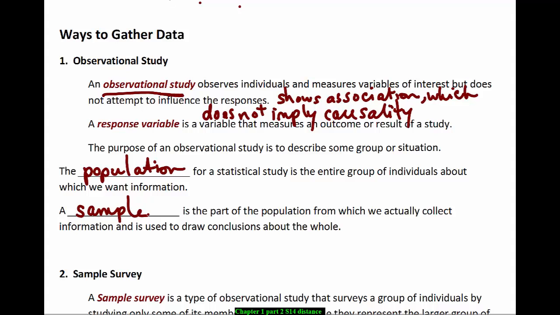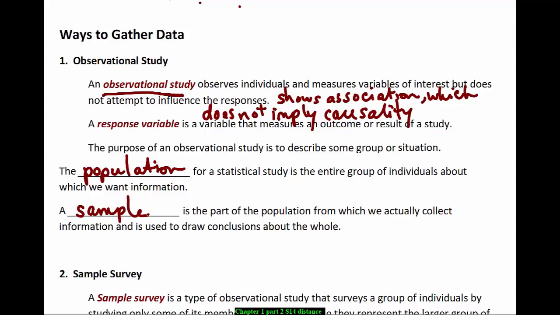For instance, if I want to study the average weight of a USC student, my population would be all USC students. But I know it's not feasible for me to get every single USC student and weigh them. So what would I do in a realistic setting? I would get a sample from that population.